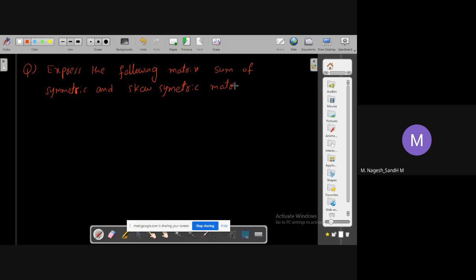So given a matrix, you have to express it as a symmetric plus skew symmetric.